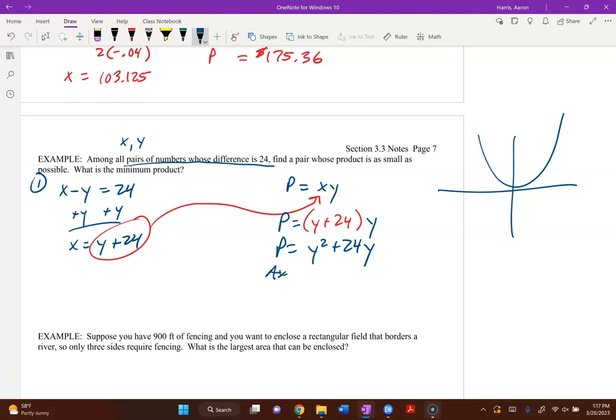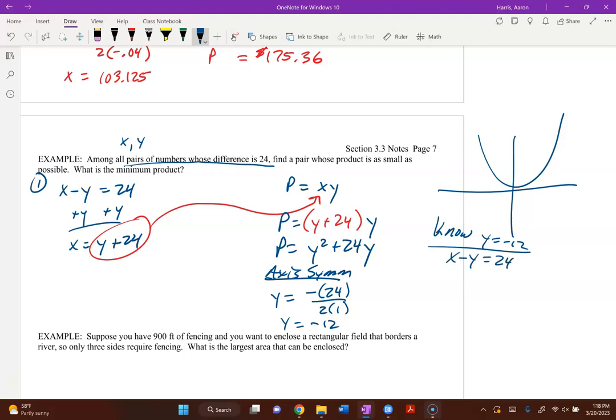So what's our axis of symmetry? Well, in this case, y is negative b over 2 times a. So we got negative 12 is our y. So we know y is negative 12, and I know x minus y is 24.